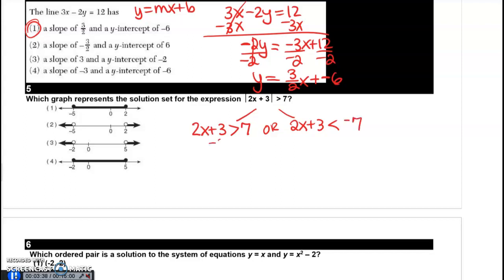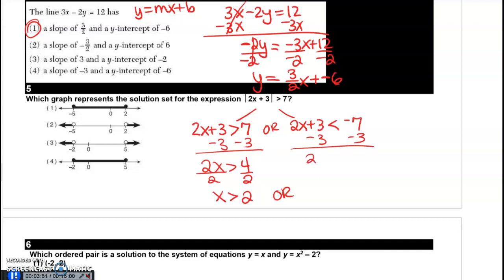So we're going to solve each of these to get our 2 answers, and then we're going to match that to the graph. So we have x is greater than 2, or we're going to get x is less than -5.